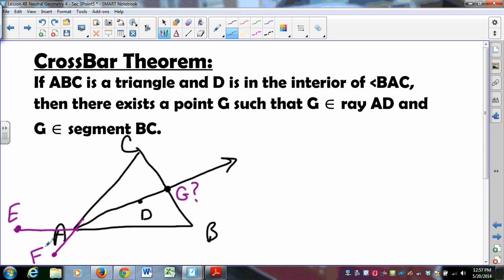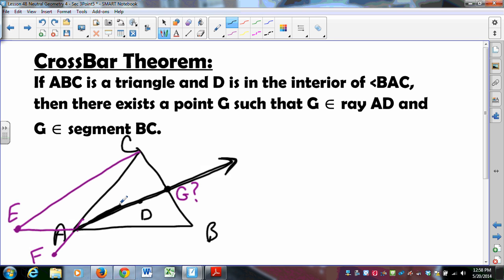Now, we apply Pasch's axiom to triangle EBC. Pasch's axiom is going to say, I have some giant triangle EBC, and I have some line, this line, that intersects one of the sides of triangle ECB.